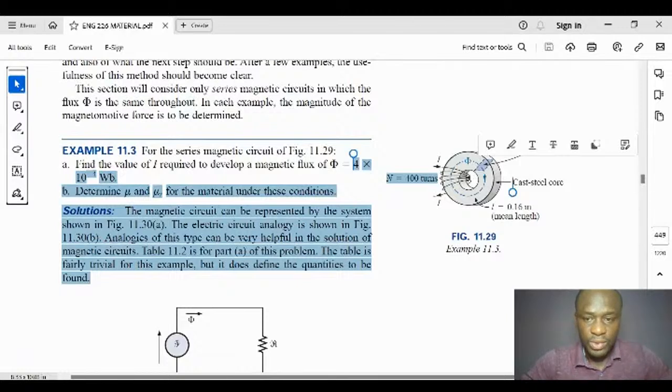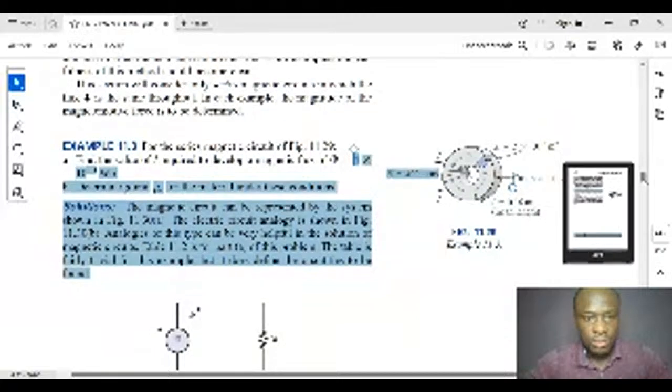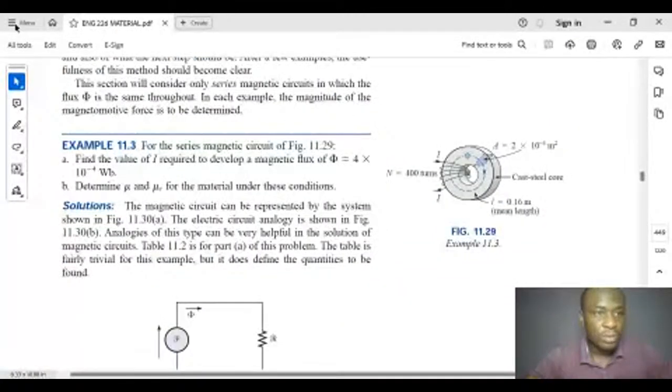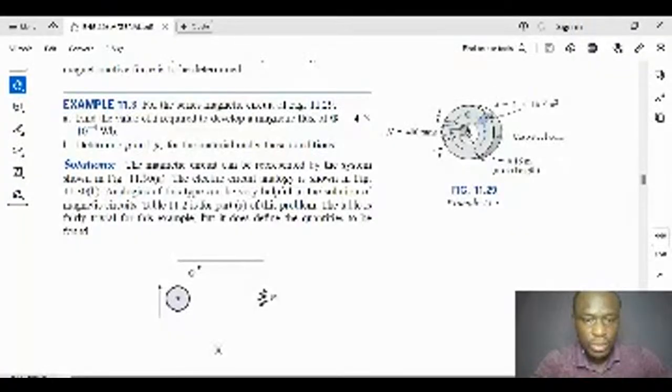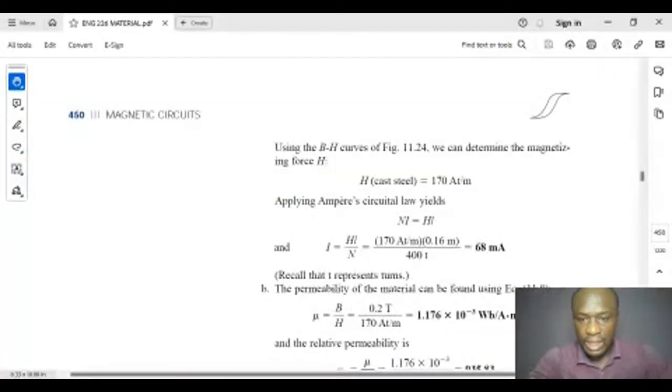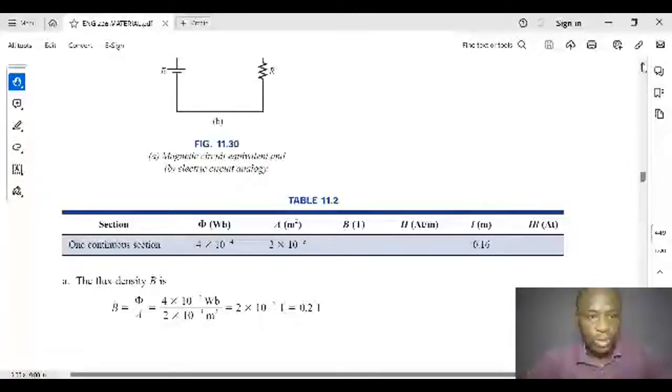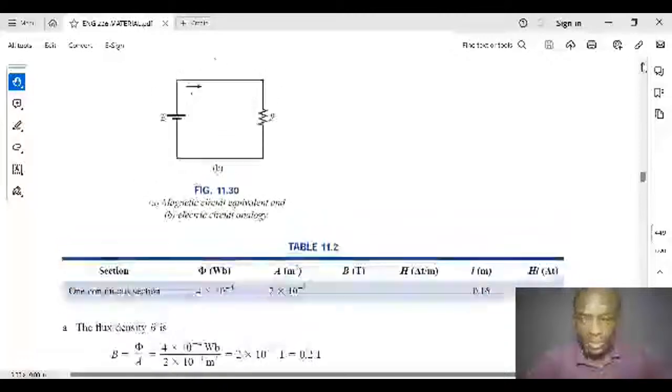So we solved this question last week. So the question is, let's repeat it again.